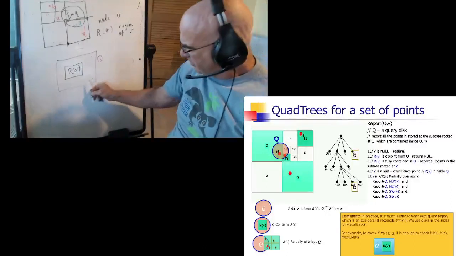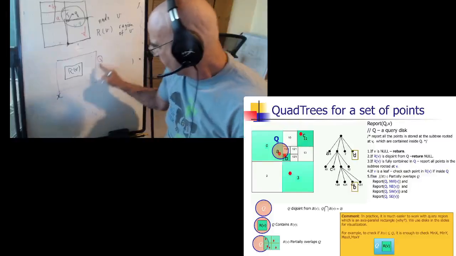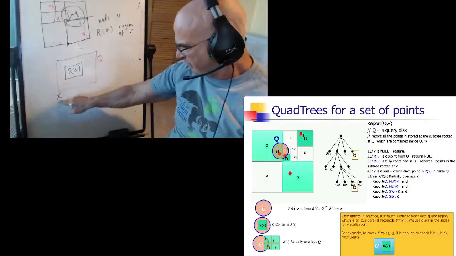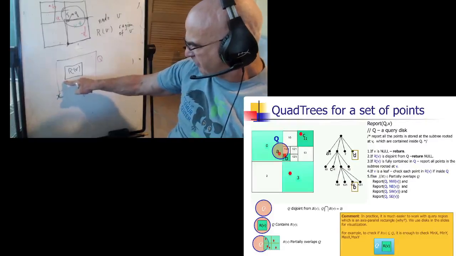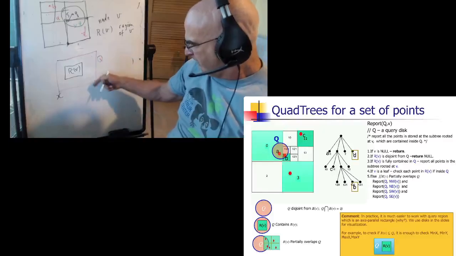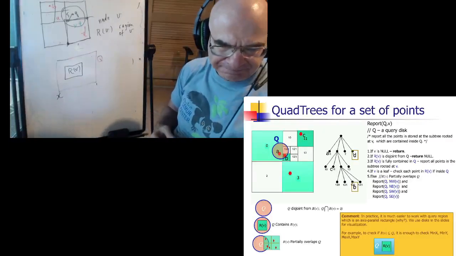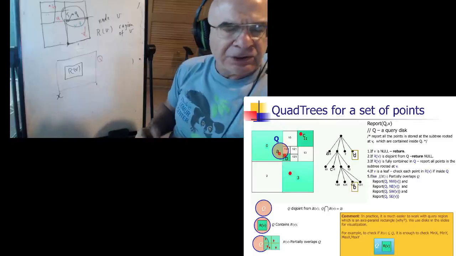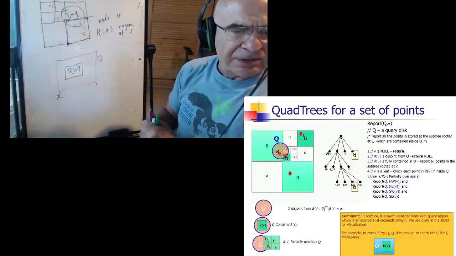Very easy to check. The minimum x of the query will be smaller than the minimum x of R of V, and the maximum x will be larger than the maximum x of R of V, and similarly for the y. 4 conditions to check, but every condition is just to check 2 numbers, is this larger than this.